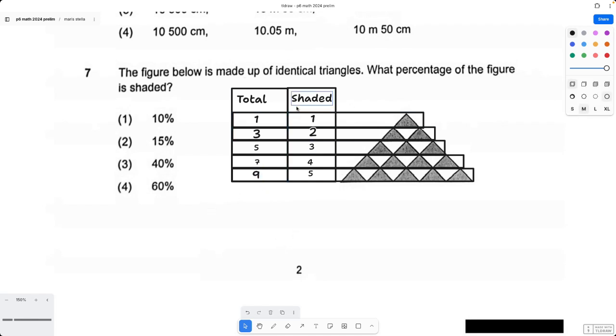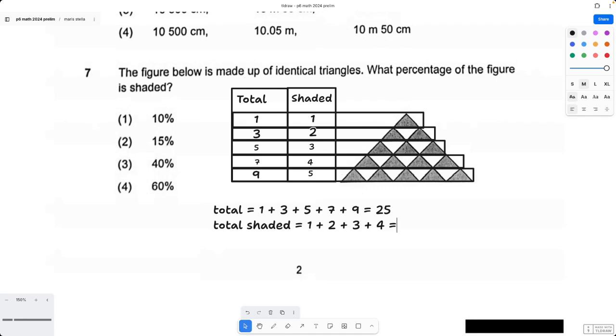Now the total is equal to 1 plus 3 plus 5 plus 7 plus 9, which is equal to 25. And the total shaded is equal to 1 plus 2 plus 3 plus 4 plus 5, which is 15.